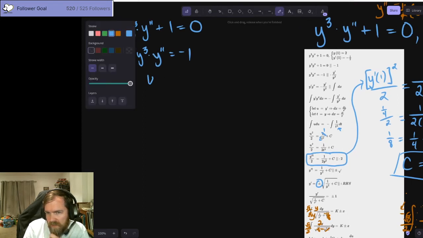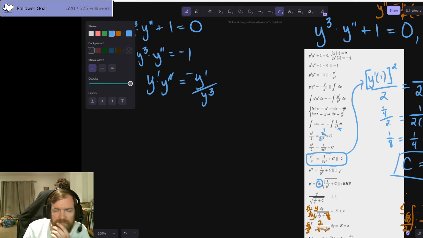So when you did this, you had y prime, y double prime is equal to y prime over y cubed. Right, so then negative. So yeah, here is going to be y prime times y double prime.